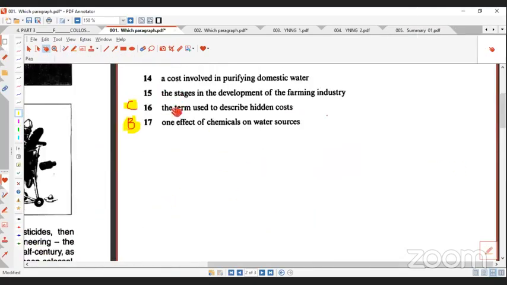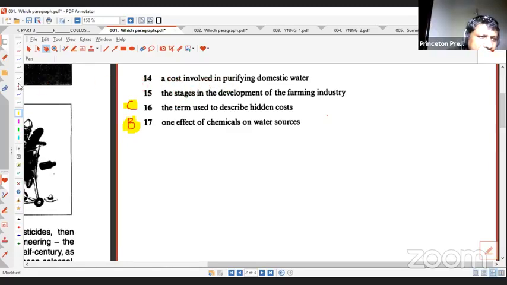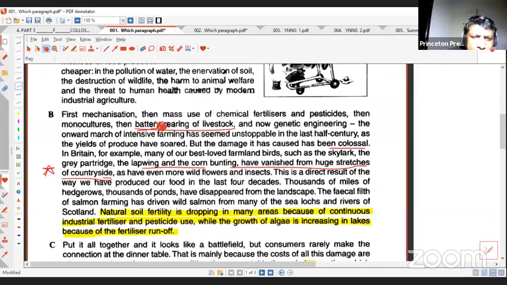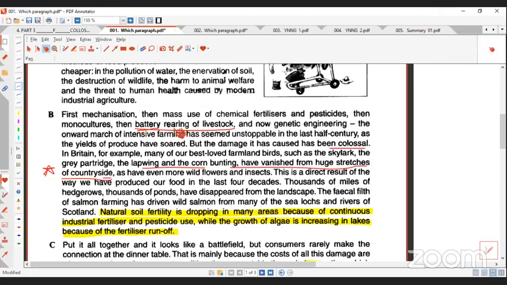We already got this one, this was E. The stages in the development of the farming industry. Is there any stages in the development of farming industry? In paragraph B, there is first mechanization, then monoculture, battery rearing of livestock, and genetic engineering.